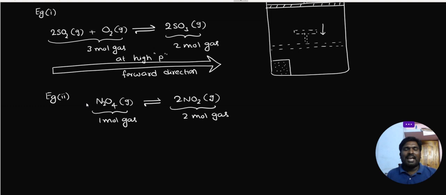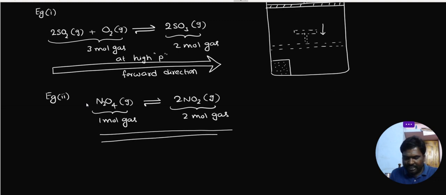Now, at high pressure, the shift is from higher gaseous moles to lower gaseous moles. Here that means 2 moles to 1 mole, which direction? Backward direction. At high pressure, higher to lower means backward direction.